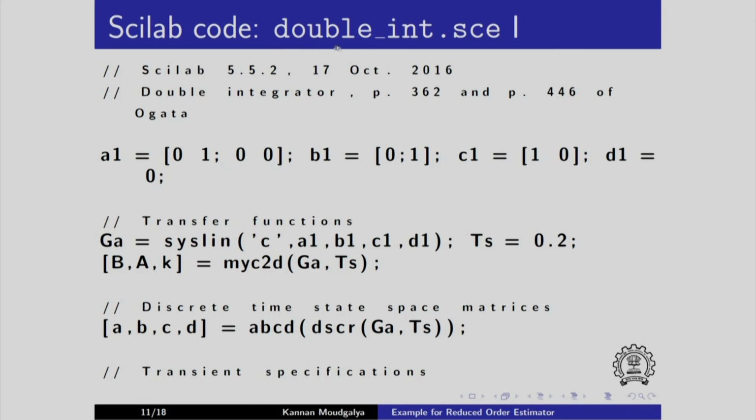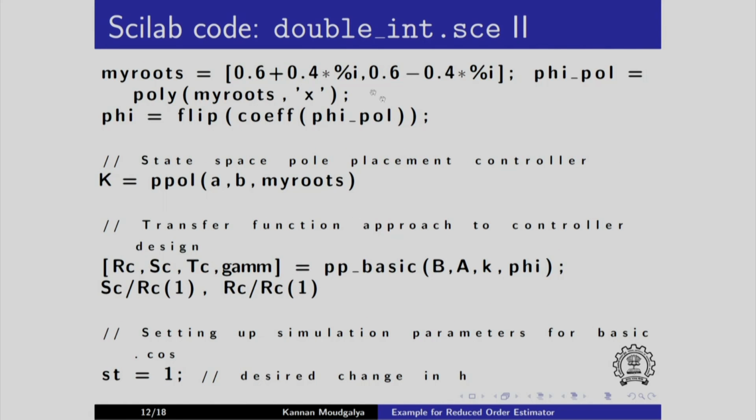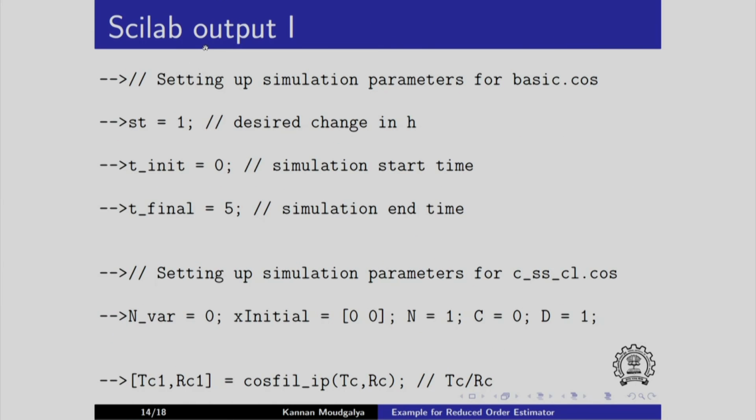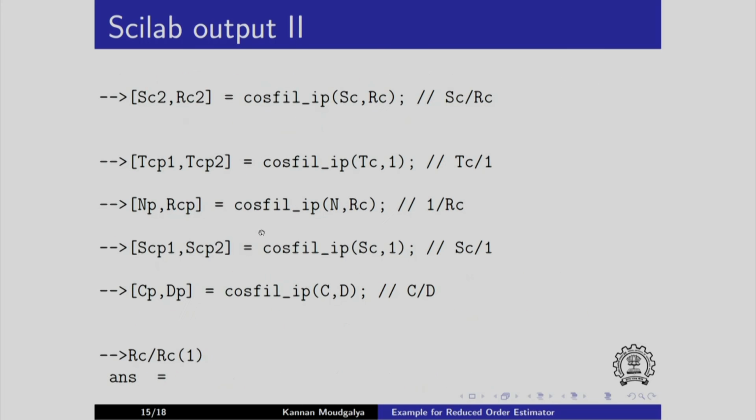Here is the Scilab code, _int.sce. We have placed the poles as given here, 0.6 minus 0.4. Here is the end of that code. Here is the output from Scilab, and we calculate RC and SC.